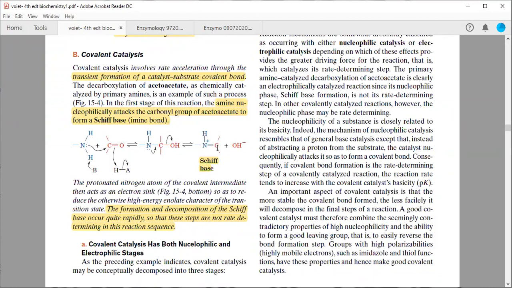And carbon is already bound to 4 bonds. This type of structure is called a Schiff base, which is formed when there is covalent catalysis. This is the transient formation of a catalyst-substrate covalent bond. It is a temporary covalent bond, but it will be formed whenever there is covalent catalysis.